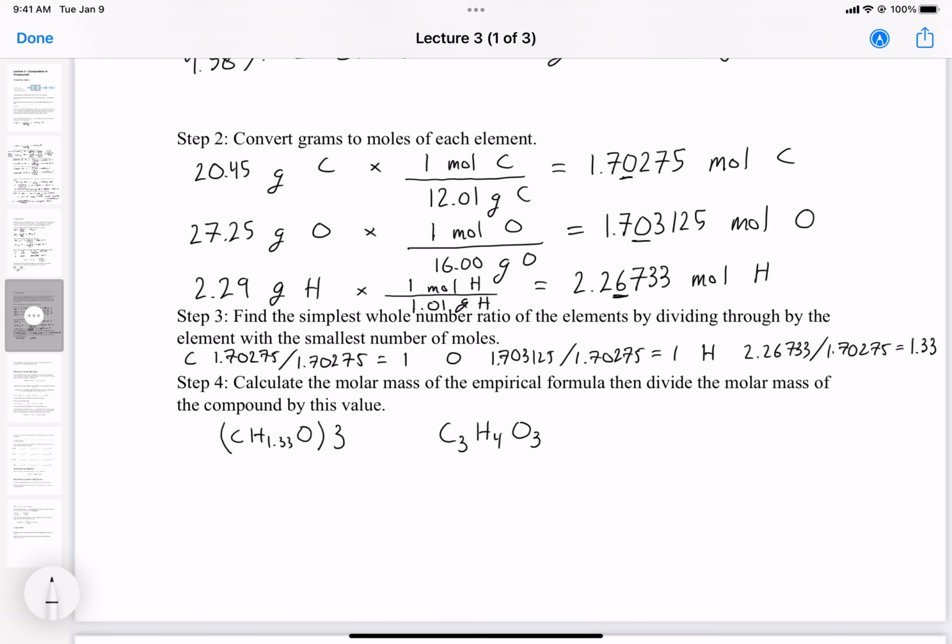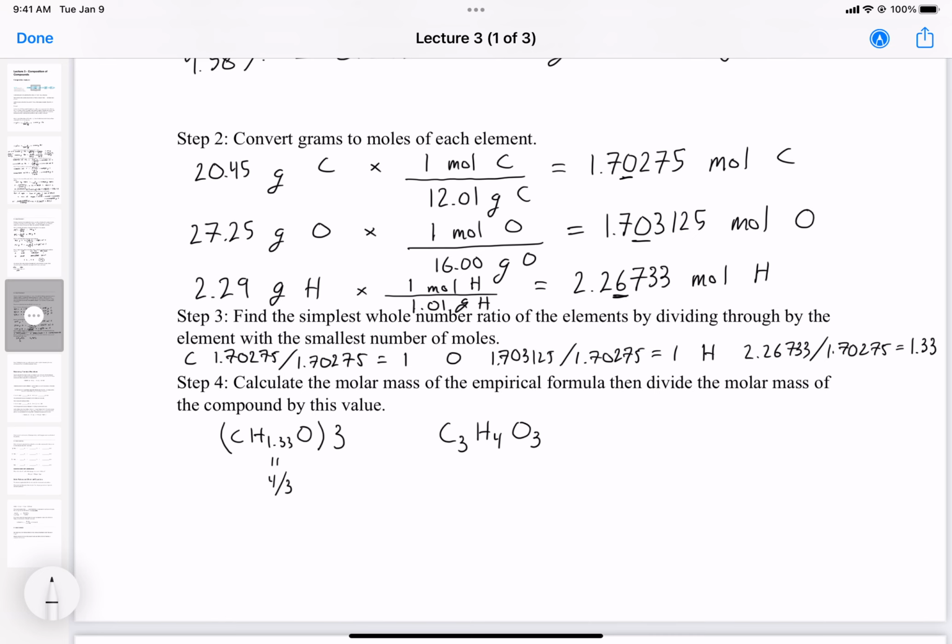Okay? So we're multiplying by 3 to get rid of the mixed number there. This mixed number is 4/3, so we multiply by 3 to get rid of that denominator of 3. So we get C3H4O3.